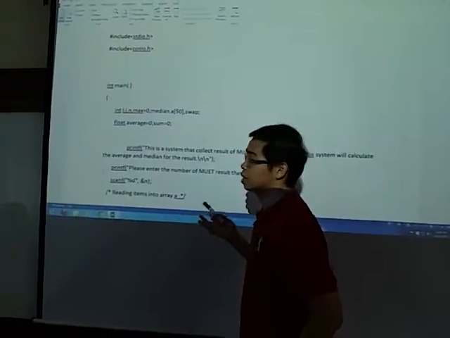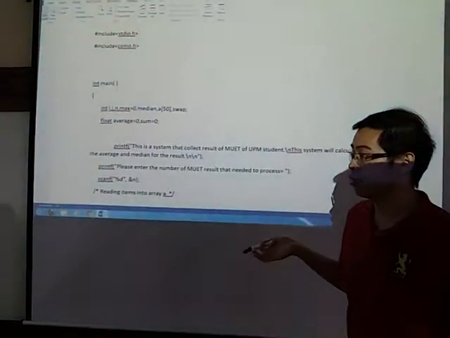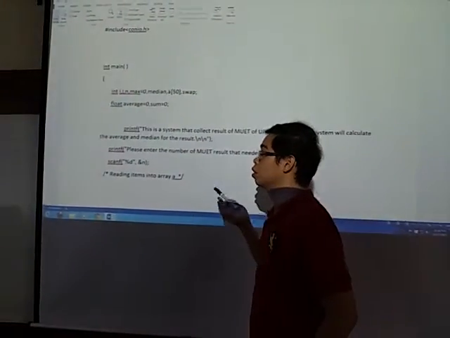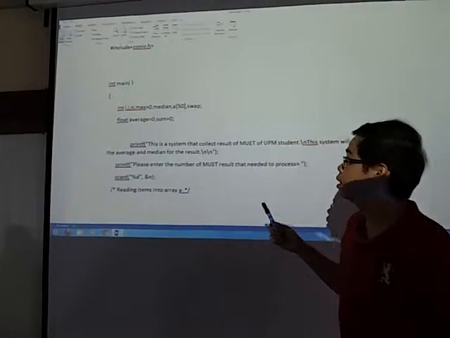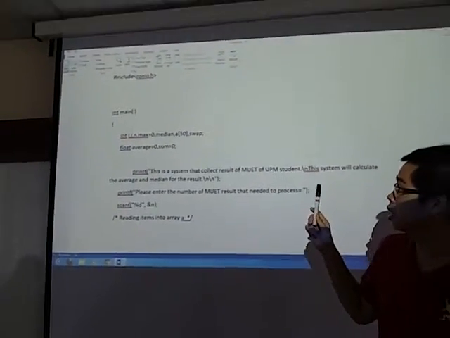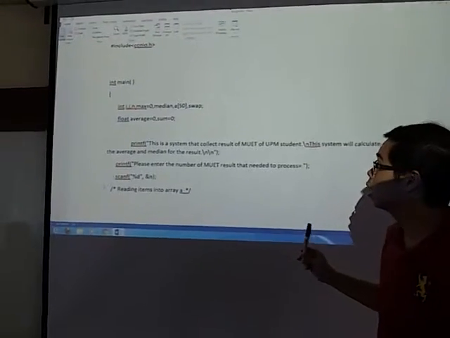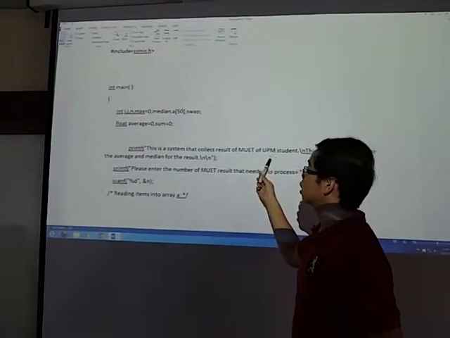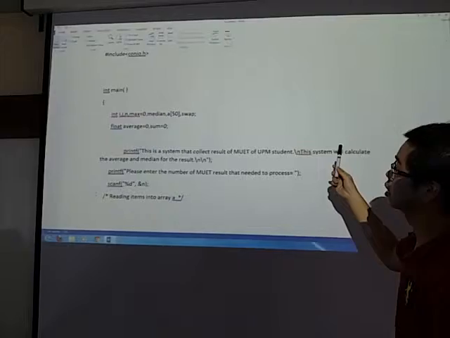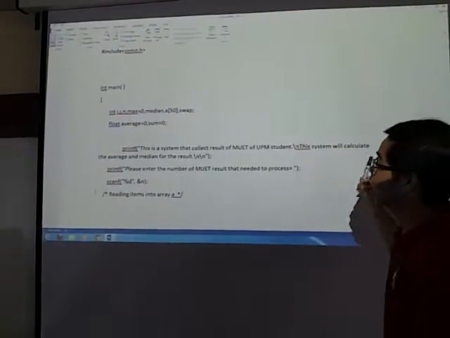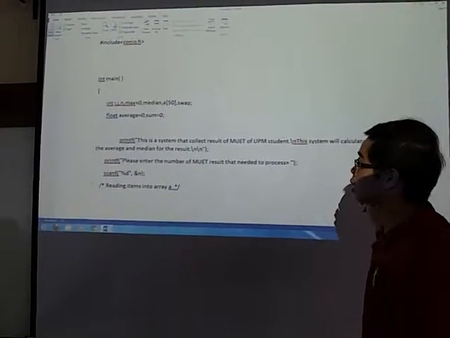I is the counter in the array. J is used to find the maximum number, and max is also used in the formula of finding the highest band of result. N is used to collect the data of the user, how many students need to key in.